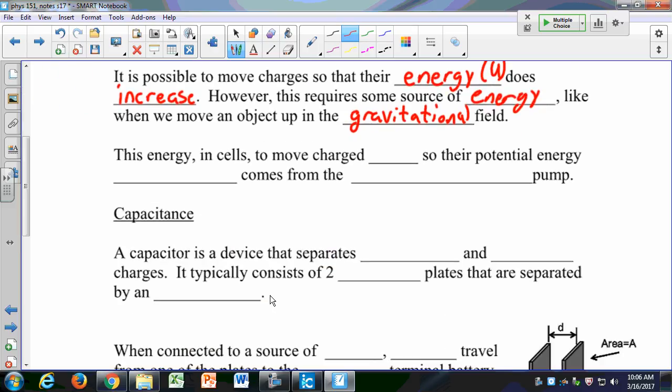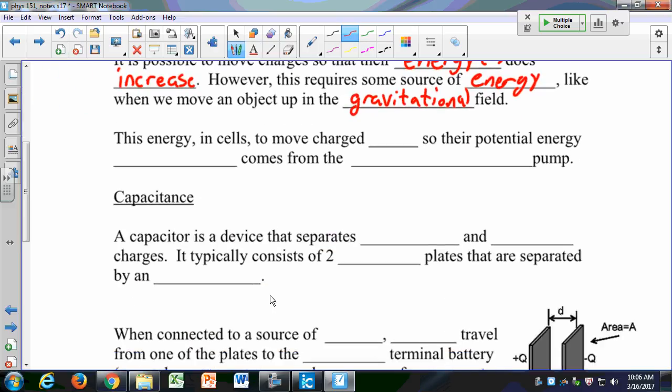All right. We'll go on to capacitance a little bit. This energy in cells, to move charged ions, cations or anions, so that their potential energy increases, comes from the sodium-potassium pump, or NaK pump.